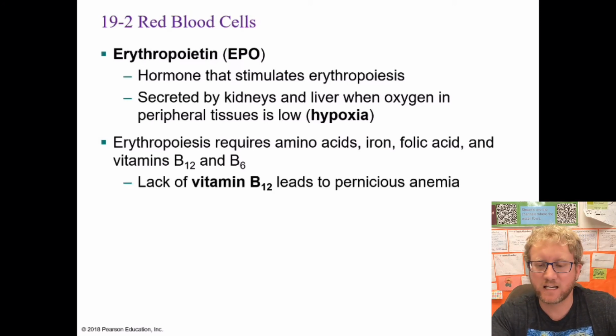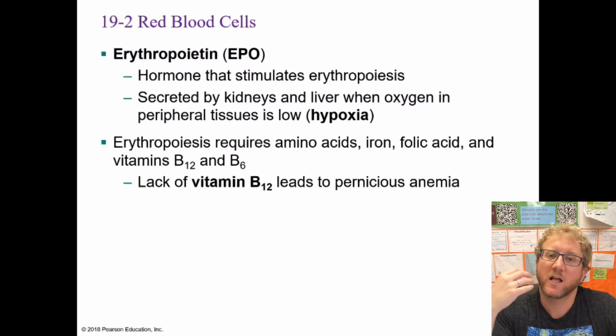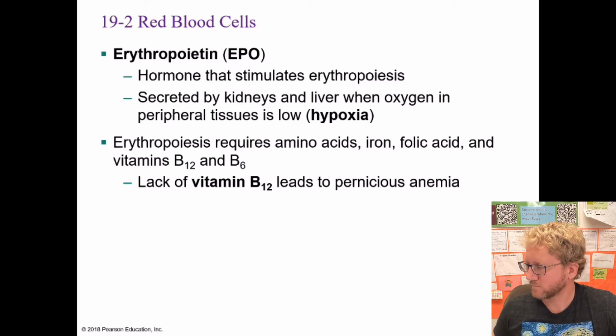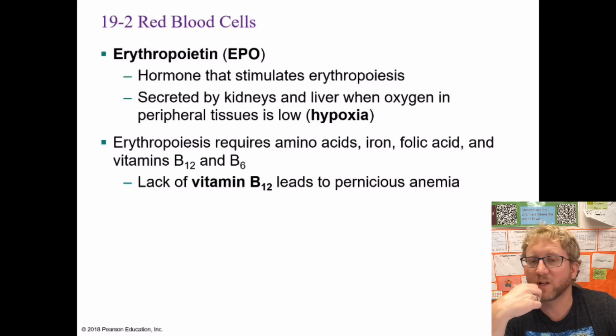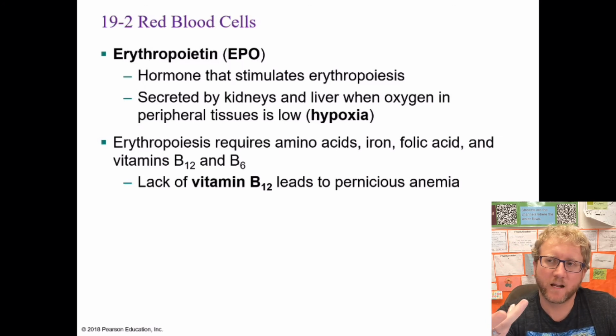A lack of vitamin C can lead to something known as pernicious anemia, which is a lack of red blood cells. Also, sort of the opposite of this, anemia is having not enough. There's a process known as blood doping. A lot of athletes try to do it.